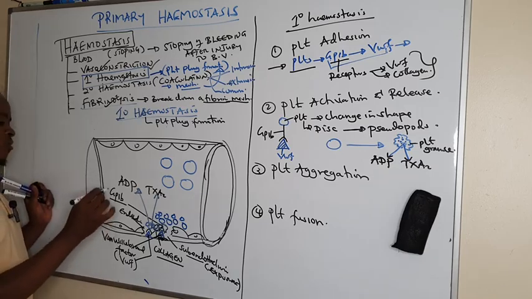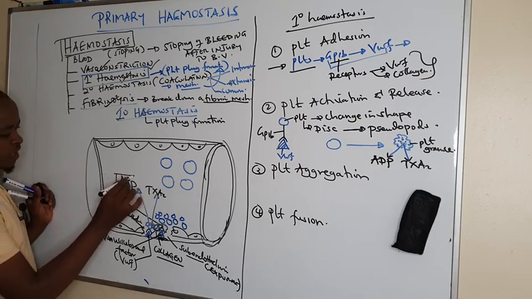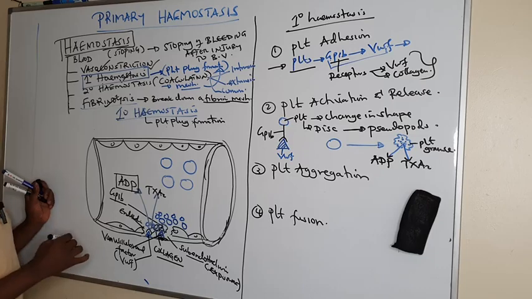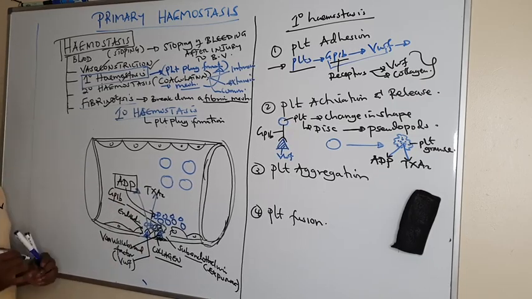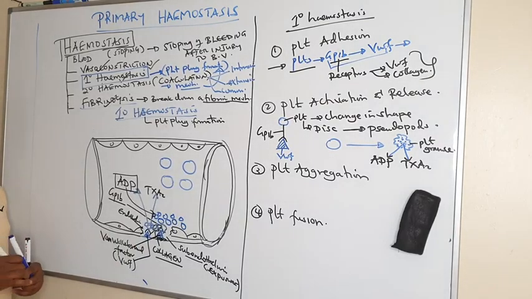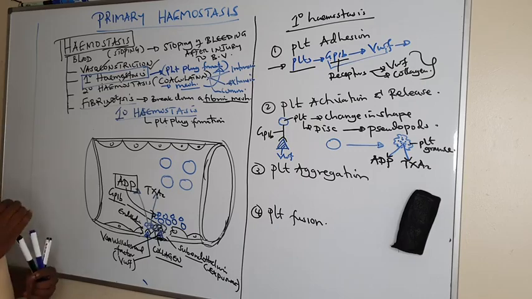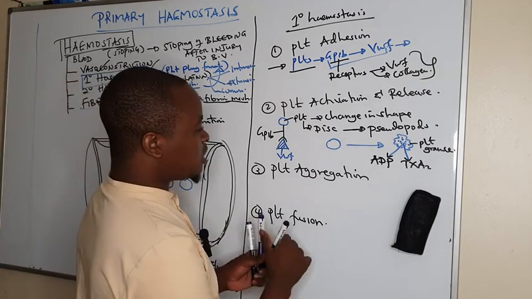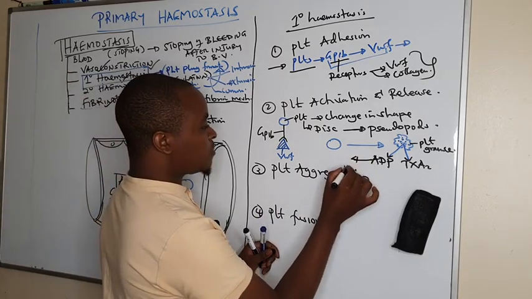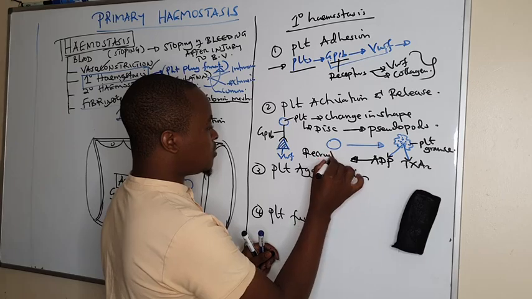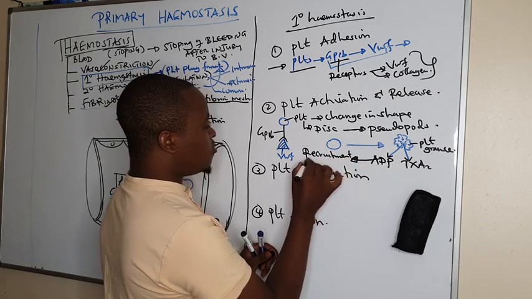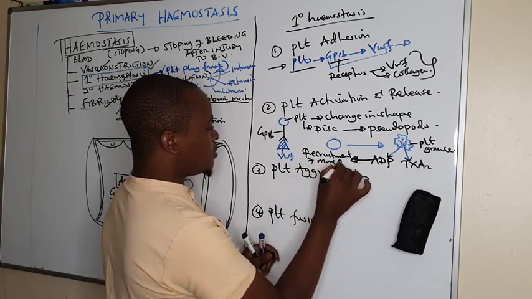And the role of ADP is that it comes back and causes more platelets to be recruited. ADP does a great role in the recruitment of more platelets.